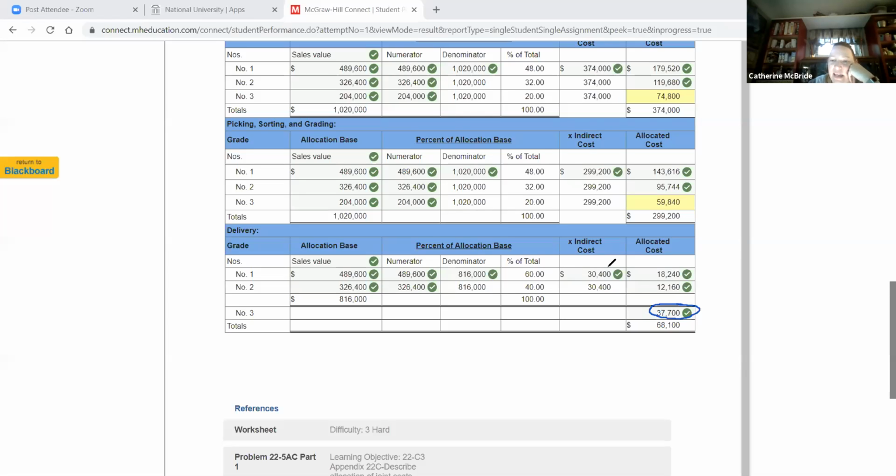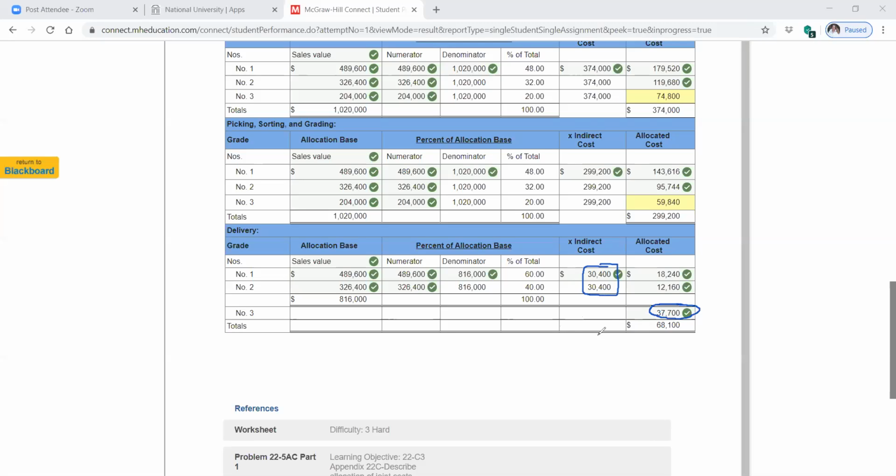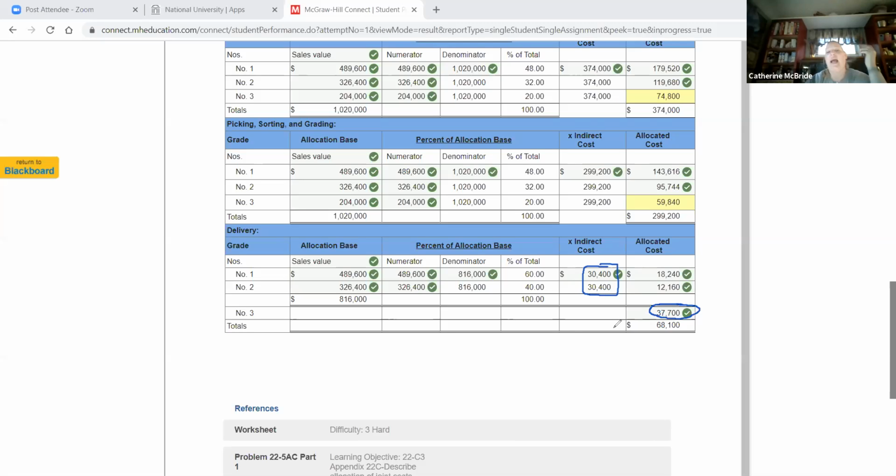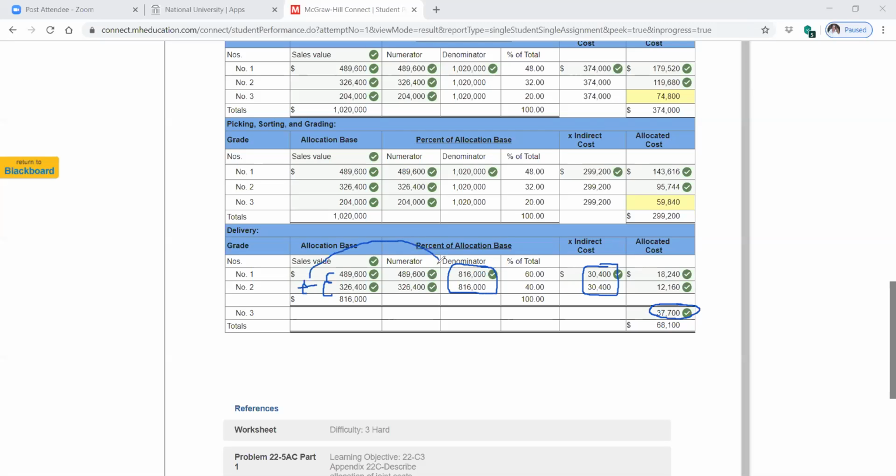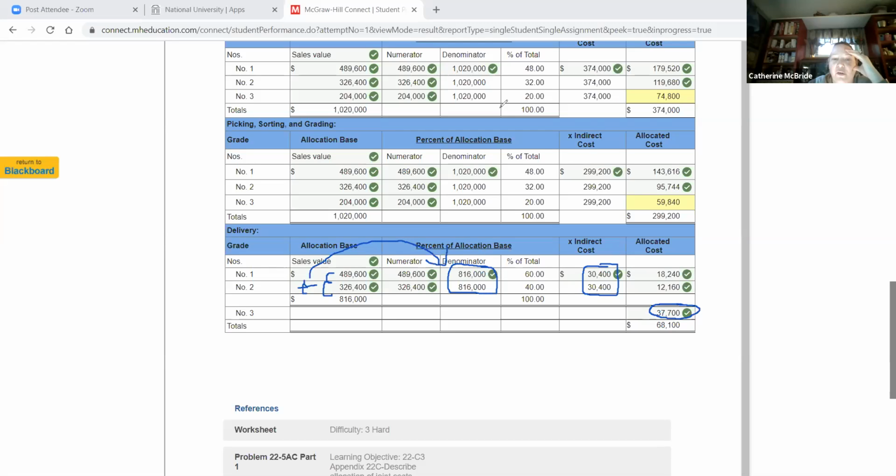So we're allocating 30,400 between number 1 and number 2. Oh, okay, so it's just the difference. Yeah, so now the denominator is only 816,000 because it's just this plus this. Because we're only doing 2, that's why it's different than the other ones, but that's all we're doing. We're allocating the 30,400.